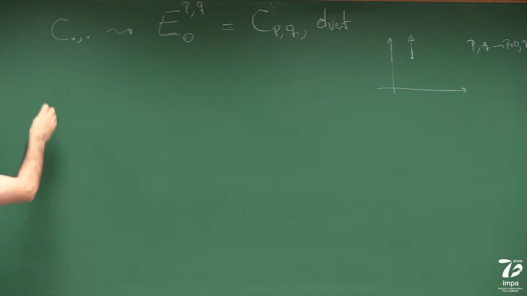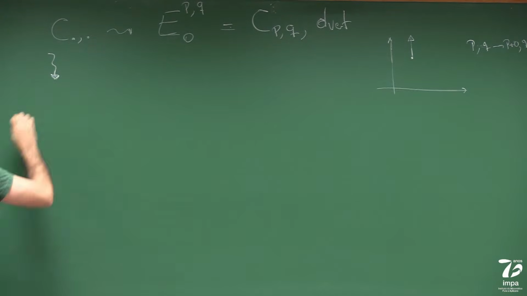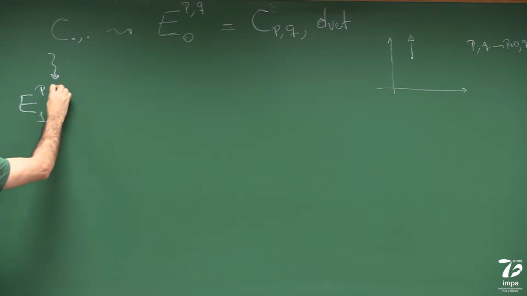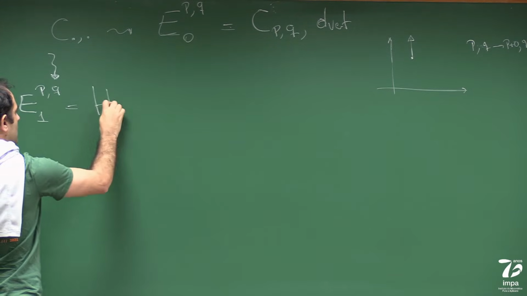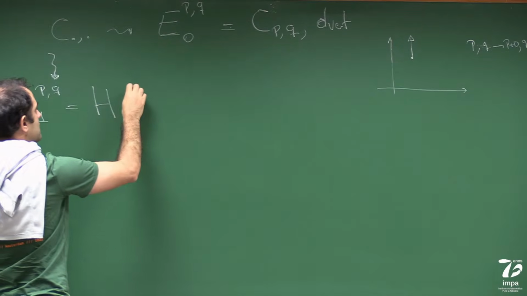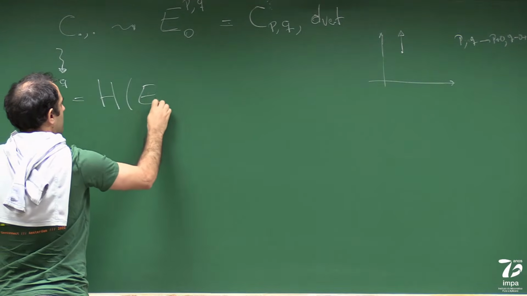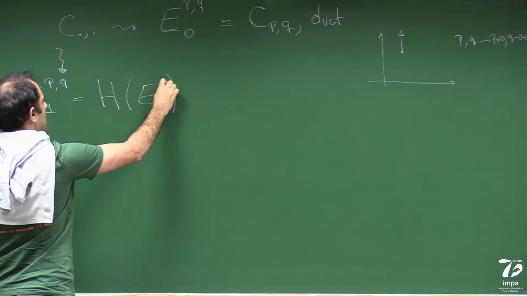Now the homology of that is the E1 page. So it has to be the homology of that E0 page in degree PQ.